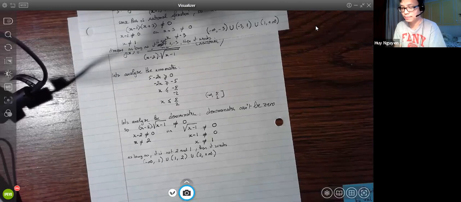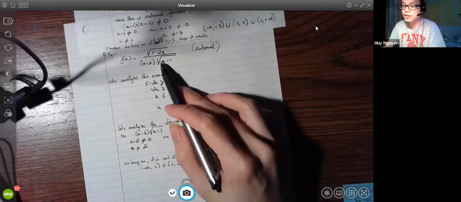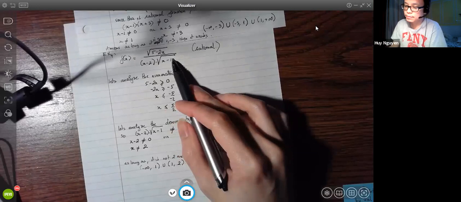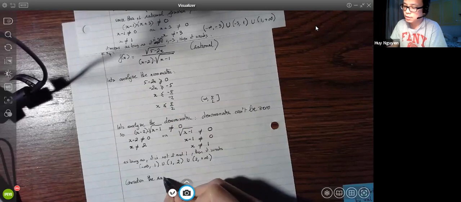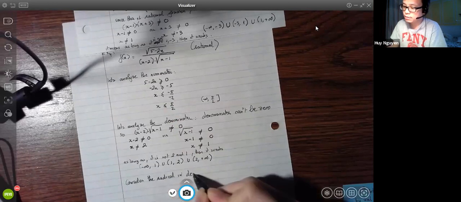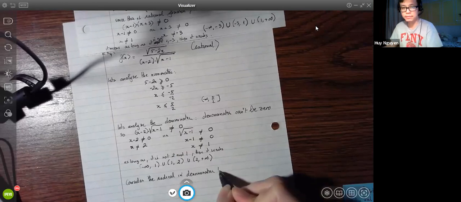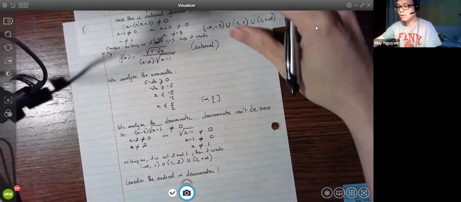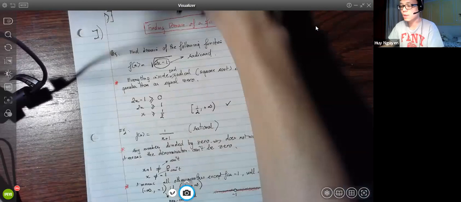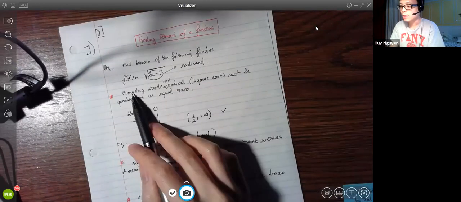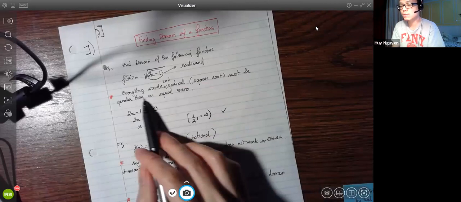Okay, it looks like we already finished. But you have to pay attention to the radical under the denominator. Consider the radical in the denominator. In the first example, I said everything inside the radical must be greater than or equal to 0.